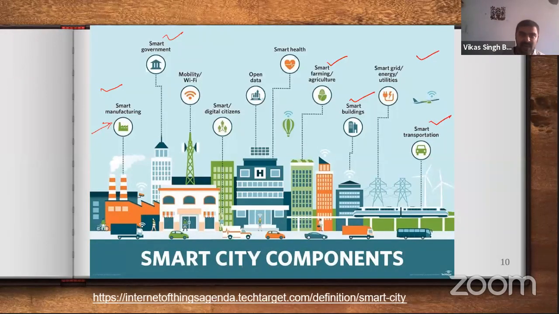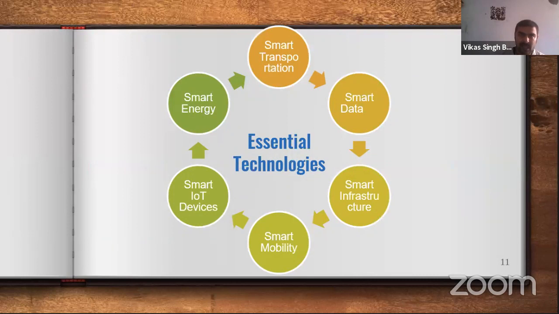One is smart transportation. I have mentioned one example of Ola or Uber. Another example we can take: suppose our residence is in a nearby area where some offices are located, and there is some parking space at our residence, and somebody coming to the office is facing the problem of car parking.